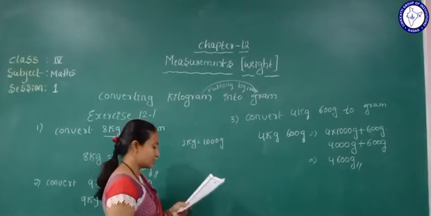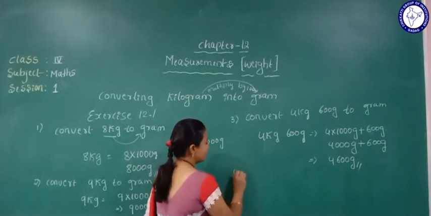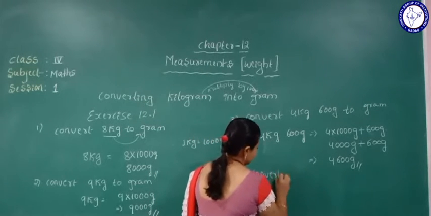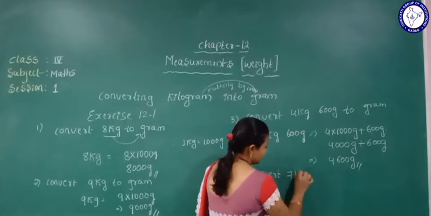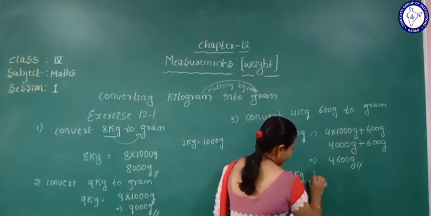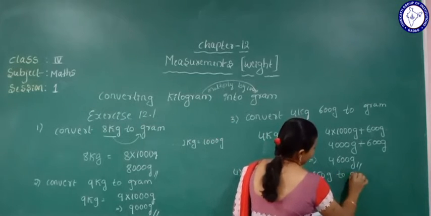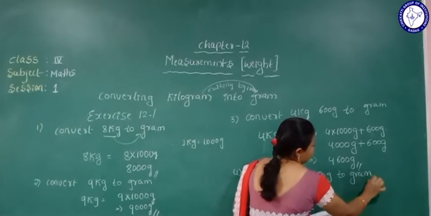Next one, fourth one, convert 7 kg 850 gram to gram.